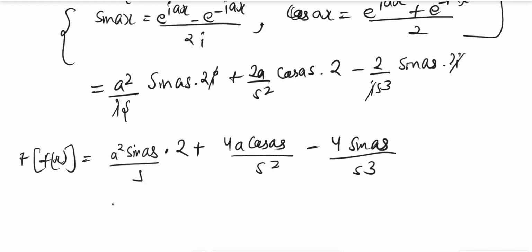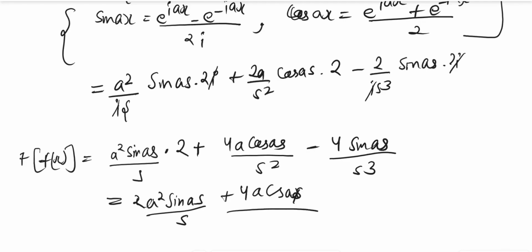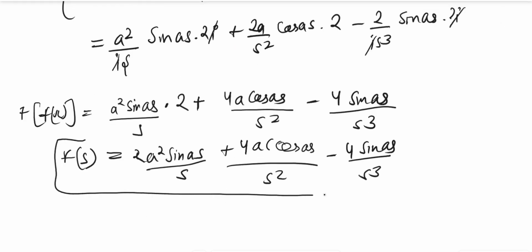So it is 2 a square sin sa divided by s plus 4a cos sa divided by s square minus 4 sin sa divided by s cube, which is the answer for the Fourier transform of the function f(x), which is equal to f of s. So this is the final answer of the Fourier transform of the function f of x.